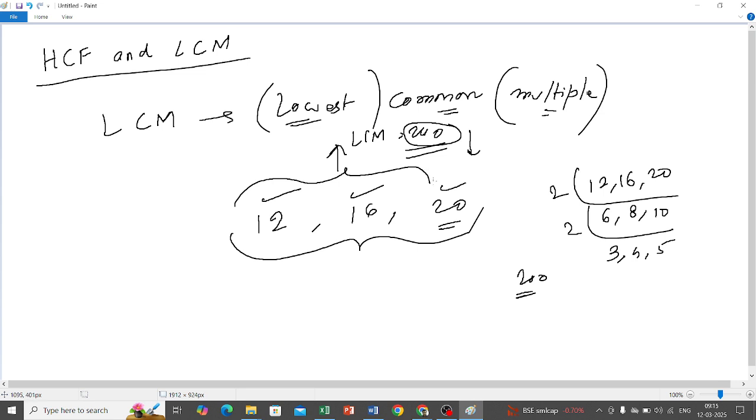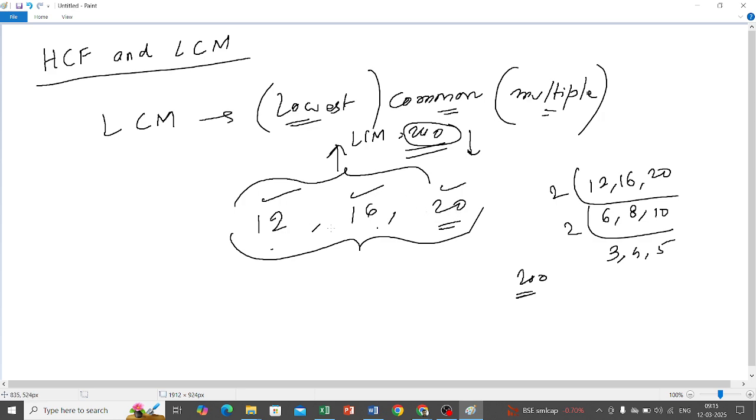So 240 is the smallest number that is divisible by all three of them.